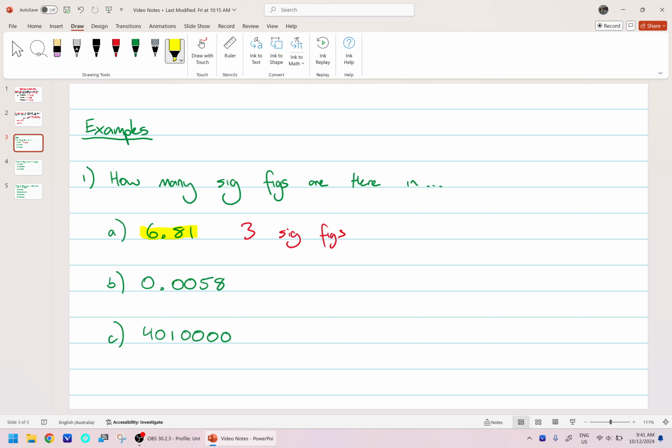Looking at this second one, our first non-zero number is the 5, and we go to the 8. So in this case, there are 2 sig figs. And then this last one, the first non-zero is 4, and we go to the last non-zero, which is 1. All the other numbers are zeros, so they're still important, but we don't call them significant. So there are 3 sig figs here.